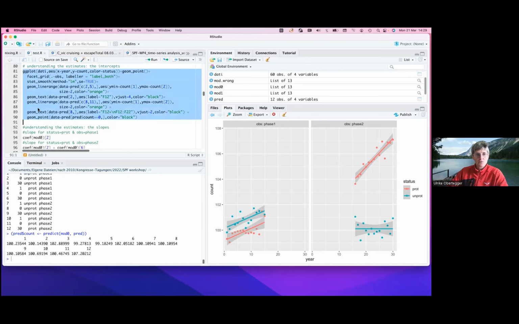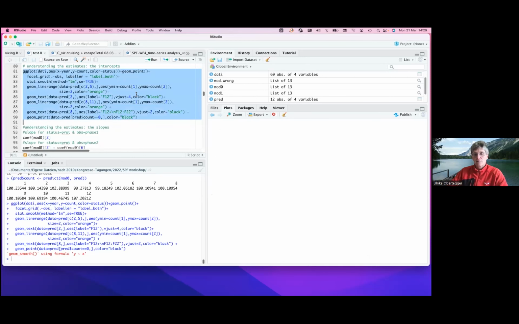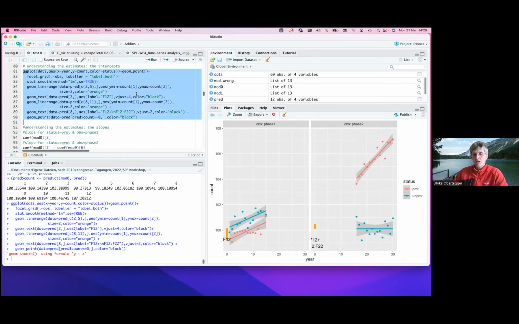And in this plotting, I want to show you what exactly the intercept means. The intercept is here. The intercept is the value when the regression intersects with the y-axis. And for phase 1, this difference in the intercept is much larger than for phase 2.